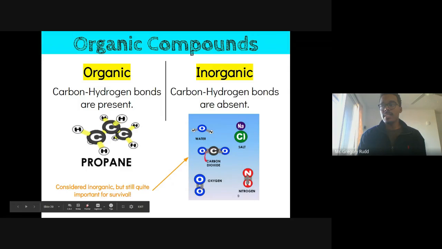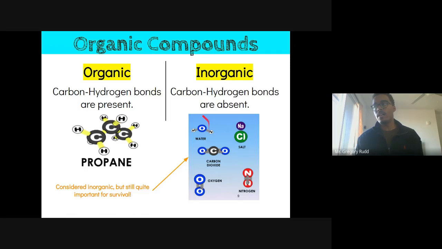Trees and plants and organisms that do photosynthesis need carbon dioxide. We all need water. All living things need water. So these are compounds that are still extremely important to life on planet Earth, but they're considered inorganic because they don't have these carbon-hydrogen bonds.